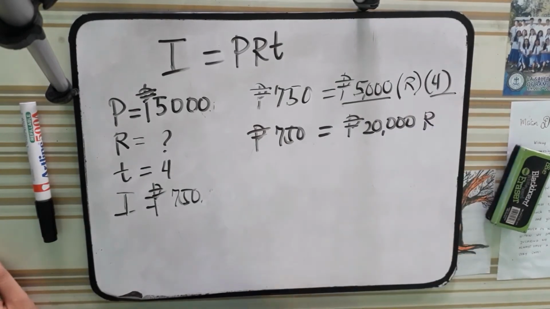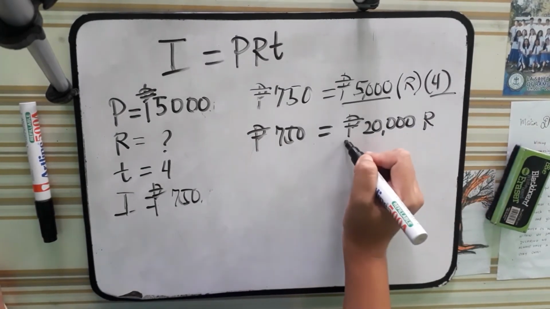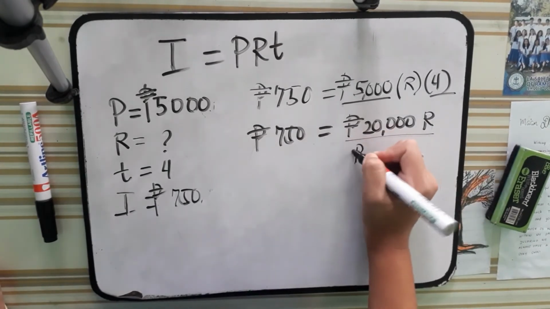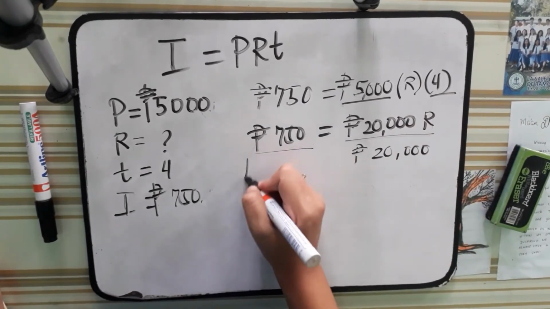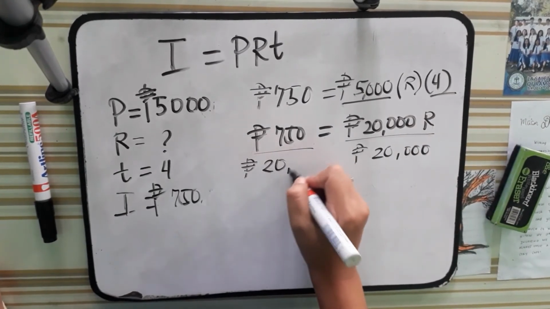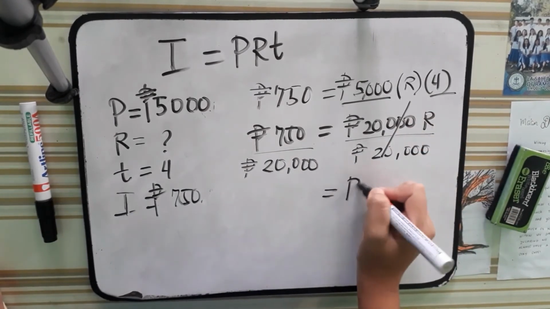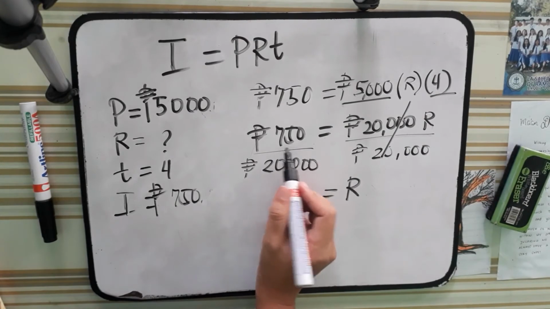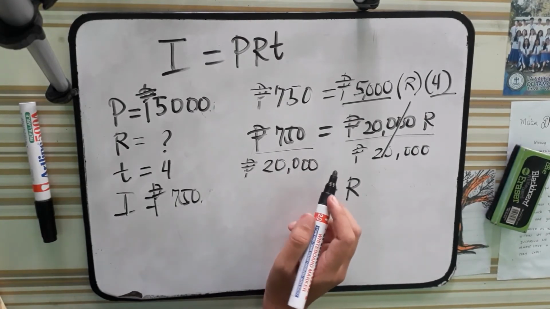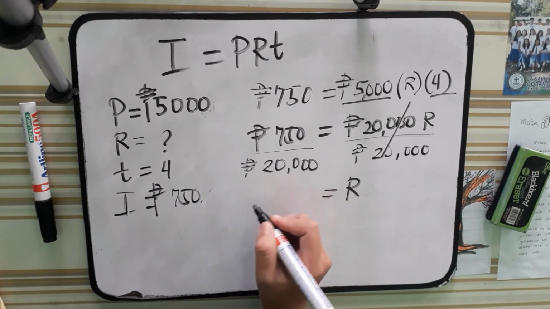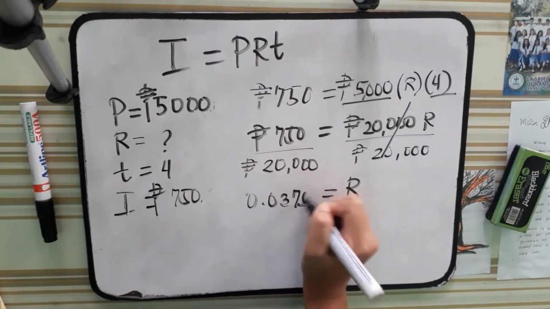R. After that, in order for us to get the value of R, we need to divide both sides by 20,000. This will be cancelled out, so this is equal to R. So 750 pesos divided by 20,000 is equal to 0.0375.